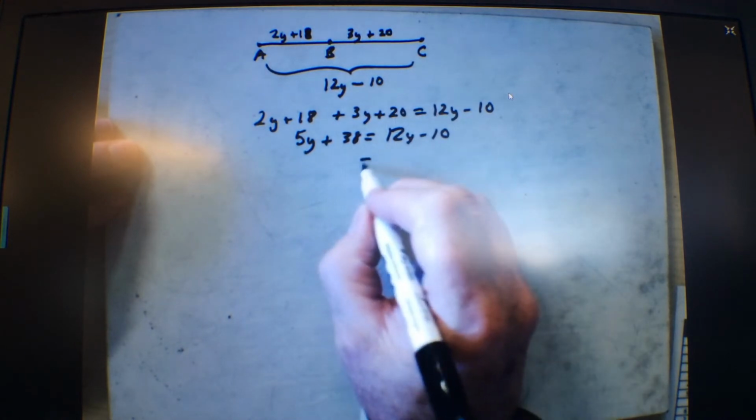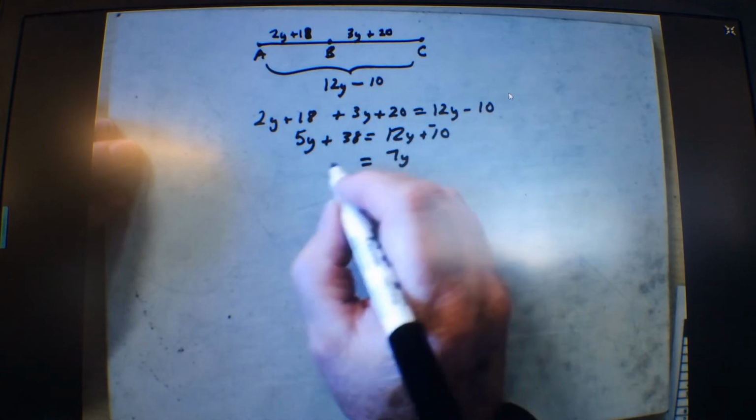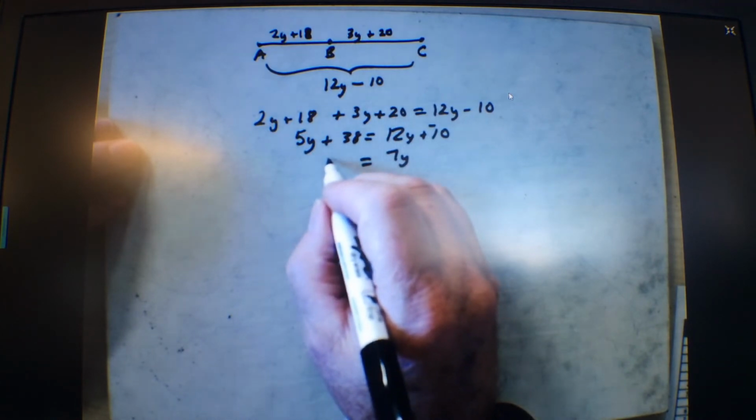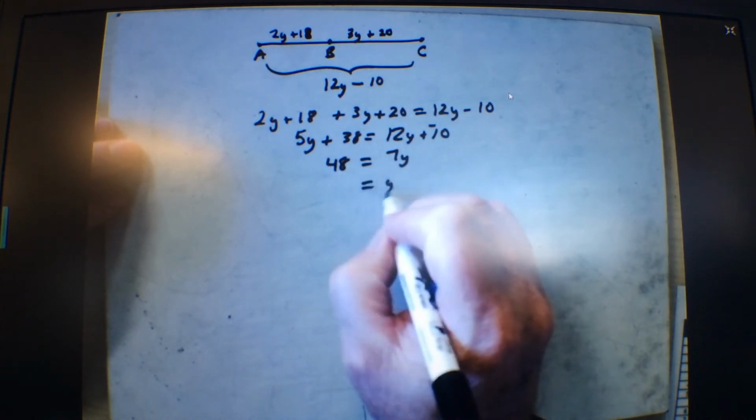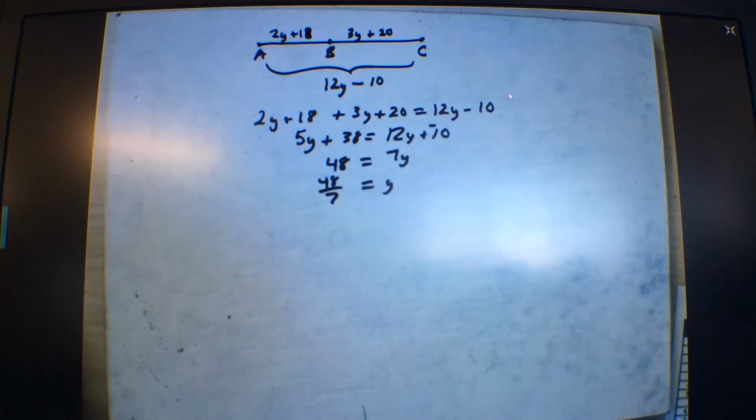If we subtract from both sides, we get 7y, and I bring the 10 over here, equals 48, and so y equals 48 divided by 7. And then you might have to find the lengths. You'll have to do that with angles, and you'll have to do it with segments. The angle one is a little bit more complicated.